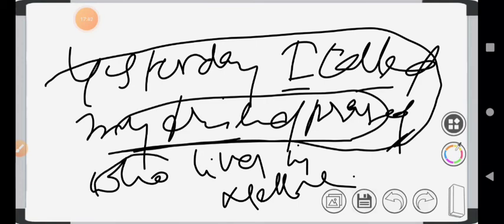The non-defining relative clause, who lives in Nellore, gives more information about the object phrase, not the subject phrase. It is an objective noun phrase, my friend Prasad. That means the relative clause tells something about the object, noun or noun phrase, my dear students.